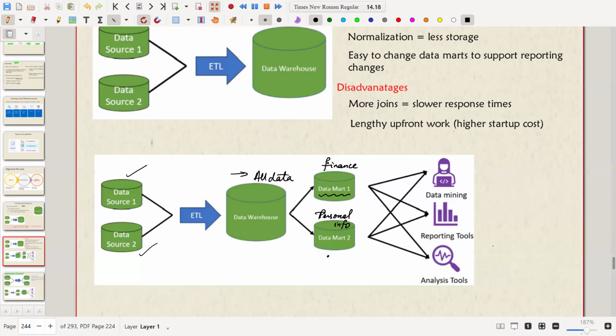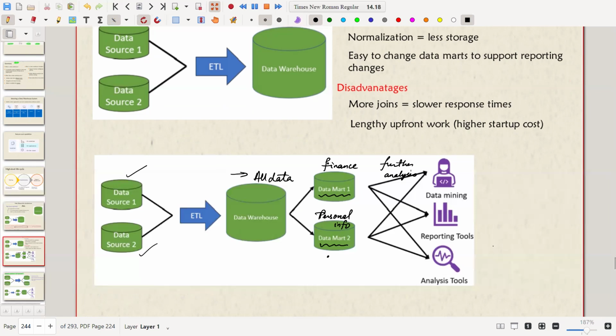Each is a data mart because each is specialized in a particular department. They focus on a particular area rather than all. And then it is available for further analysis.